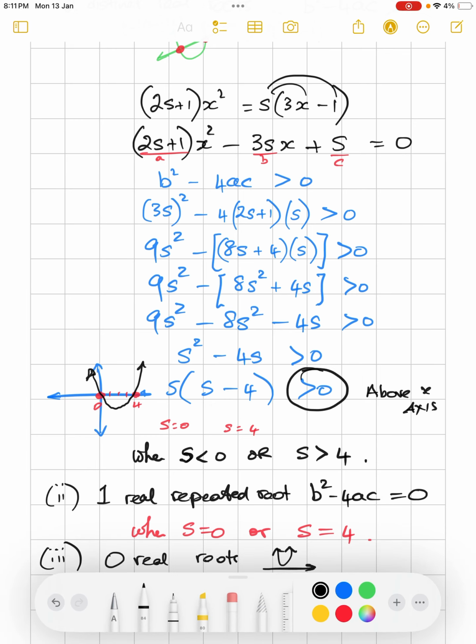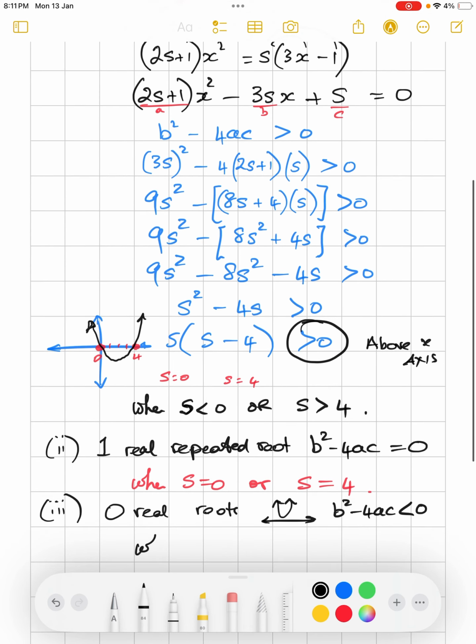And that happens when b squared minus 4ac is less than 0, and that's going to happen when s is between 0 and 4. You see that parabola is underneath. So the value for b squared minus 4ac is negative when it's under the x-axis.